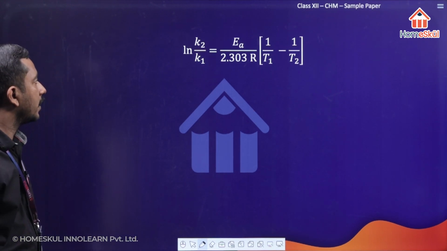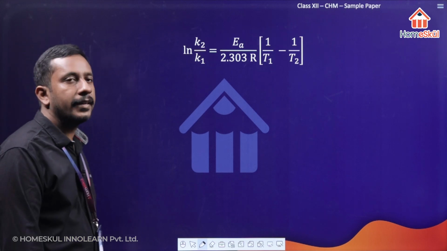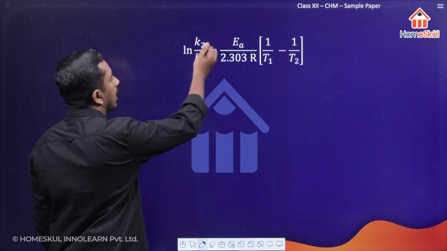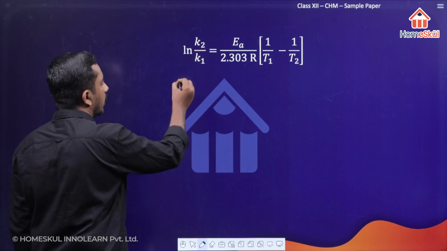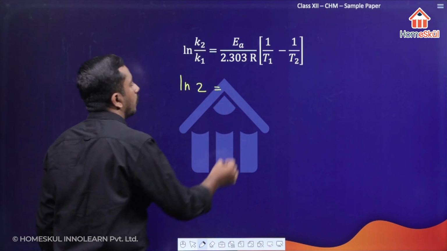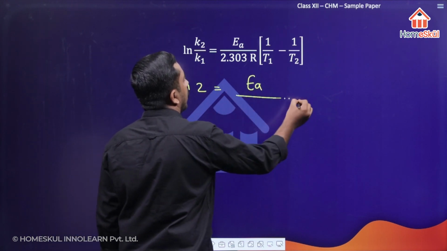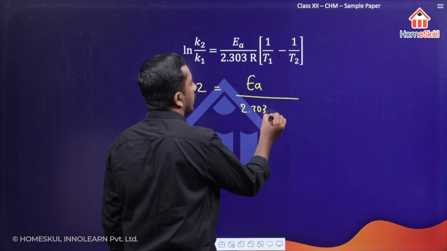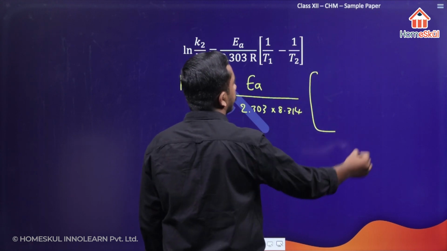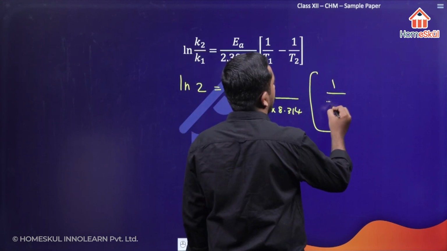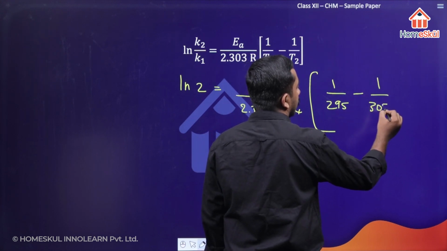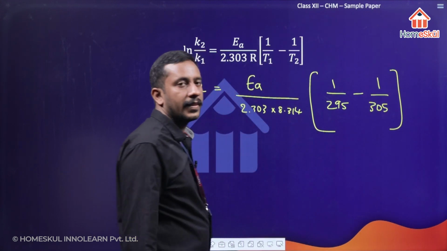So we can substitute the values here. It is given that for a 10-degree rise in temperature, the rate constant is going to get doubled. That means K2 will be 2 times that of K1. So the LHS of our equation will be log 2 divided by 1, which is log 2, equal to EA divided by 2.303 into the value of R, 8.314, into the first temperature 295 Kelvin and the second temperature 305 Kelvin.